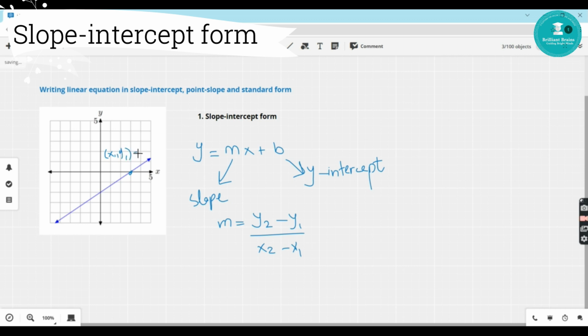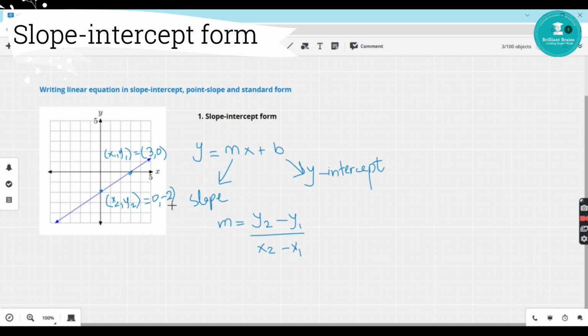Okay, here x value is 3 and y is 0. Okay, we have to choose one more point. I can easily see what is y and x at this point. And this will be our x2 and y2. You can take this point too. Okay, this is x2, y2. x2 is 0 and y2 is negative 2.